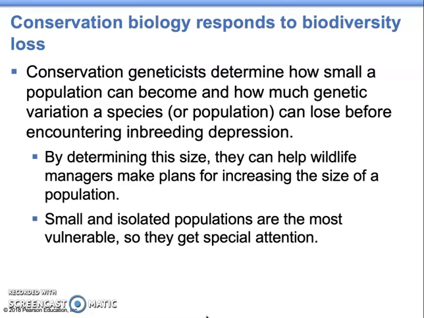Conservation genetics determines how small a population can become, or how much genetic variation a species or population can lose before encountering significant inbreeding. By determining this size, we can help wildlife managers make plans for increasing the size of a population. Small, isolated populations are the most vulnerable within a larger network of populations, and so these may get special attention.